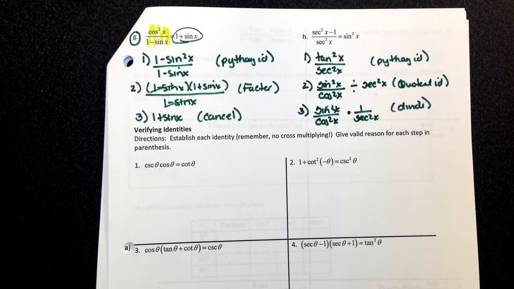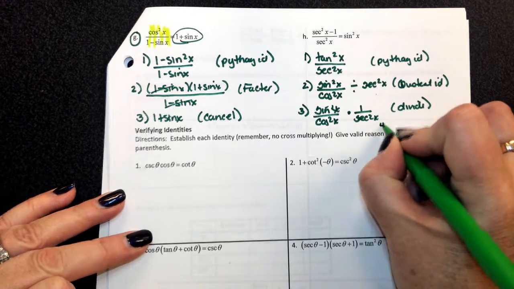Remember, somehow, some way, I want to be left with just a sine squared x, which I have in this numerator. So now, any thoughts on what you can do next to get you rid of that cosine squared that you don't need? Well, what is 1 over secant squared going to be equivalent to? 1 over secant squared is cosine squared.